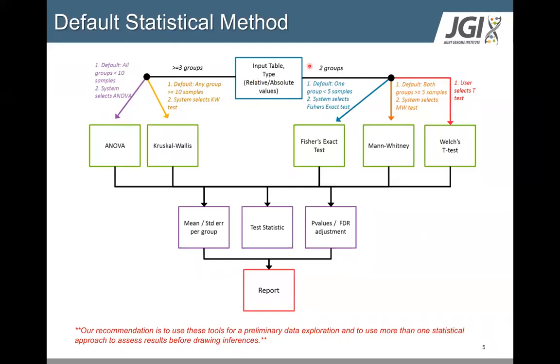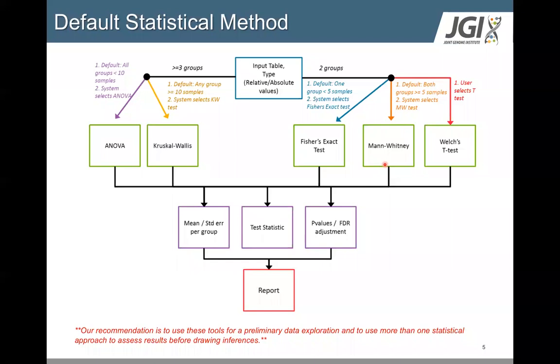So if you have two groups, such as the example of the plant-associated versus non-plant-associated, you would go down this side, and then you have access to one of three different methodologies. But the default method that the group will choose, if you have more than 5 samples or more than 5 isolate genomes, if you're looking at isolate comparisons, it'll default to the Mann-Whitney test.